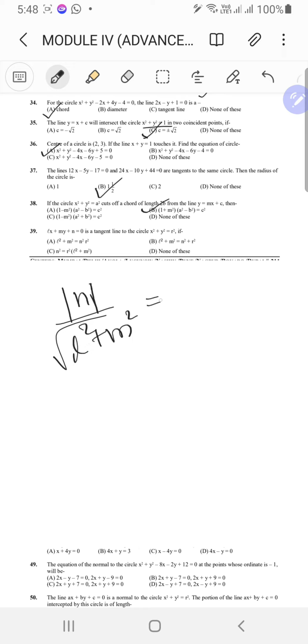This has to be equal to the radius mod R, right? So it's not necessarily R, because R could be negative over here. Who knows? It's a variable, right? Let's just square that. So n squared is equal to L squared plus M squared into R squared, and that's option C. That's it. Let's move on.